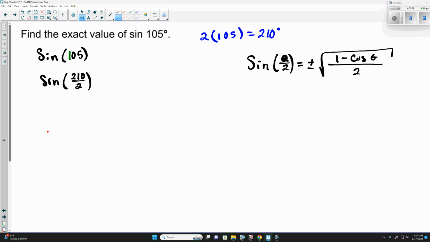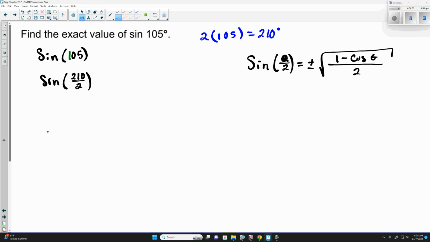Now the plus or minus does come into play, and it's more dependent on which quadrant it lies. So the sine of theta over 2 and cosine of theta over 2 depends on the quadrant in which theta over 2 lies.